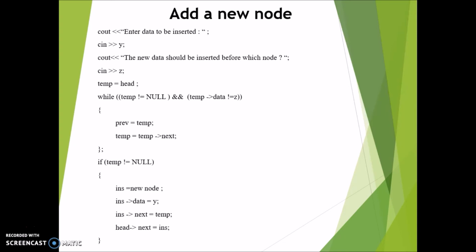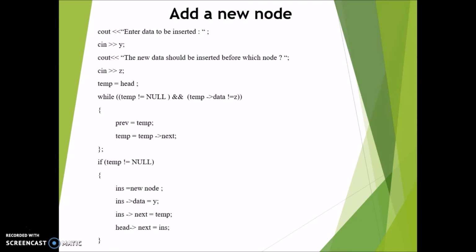That means temp is now at the same location as the head. And while temp is not equal to null, and the data of temp is not equal to Jack, we set previous equals to temp, and we set temp to the next node of temp.